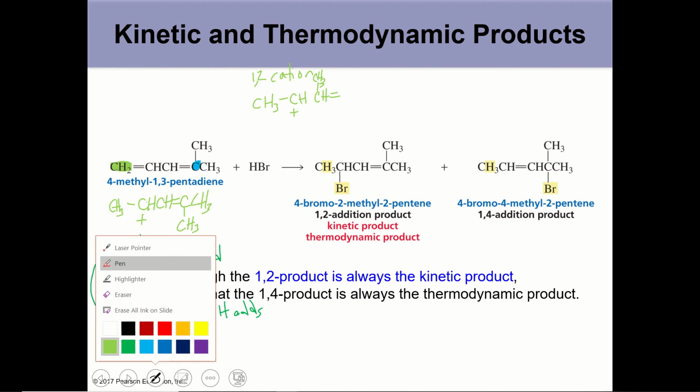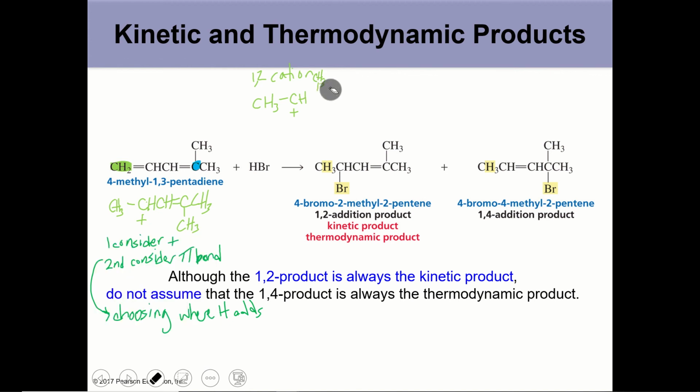Okay, drawing it incorrectly. I feel the incorrectness of it. CH, then a second CH, double bond C with a methyl group, two methyl groups. One here and one here. Okay, so there's our 1,2 cation.